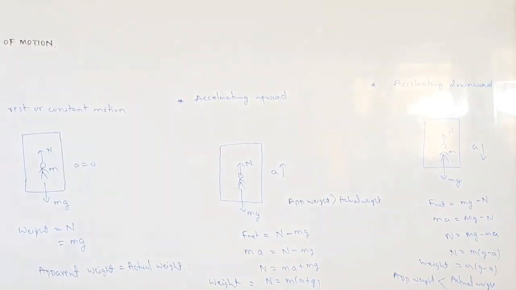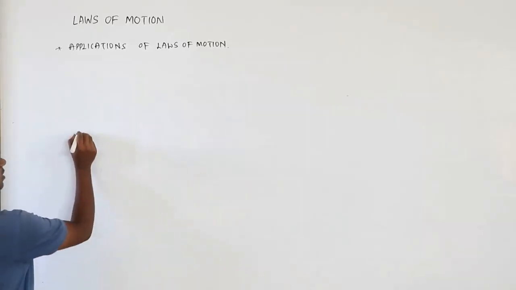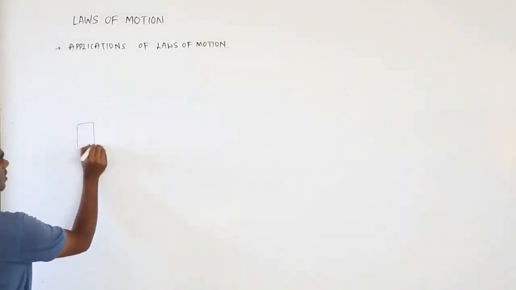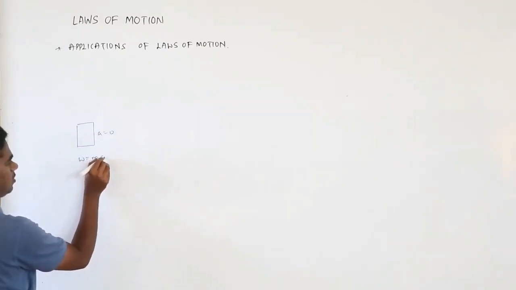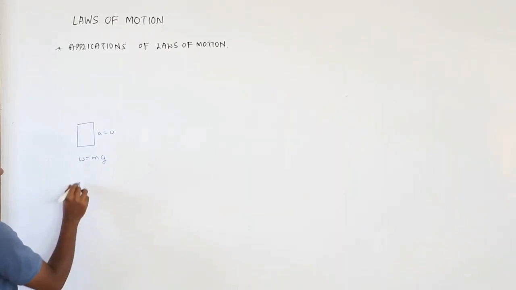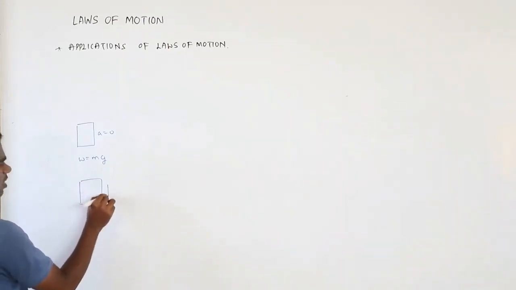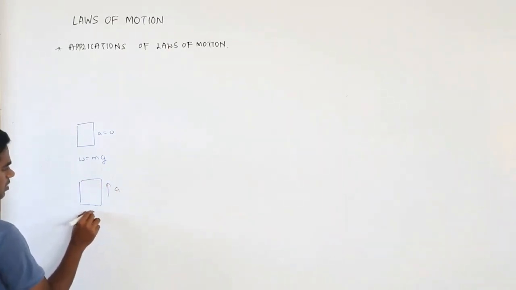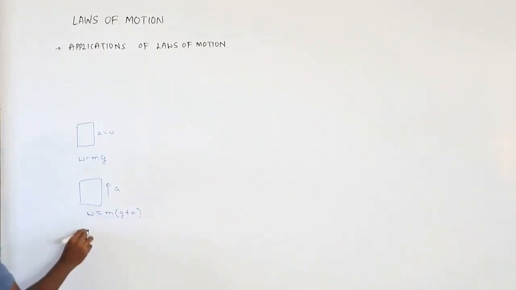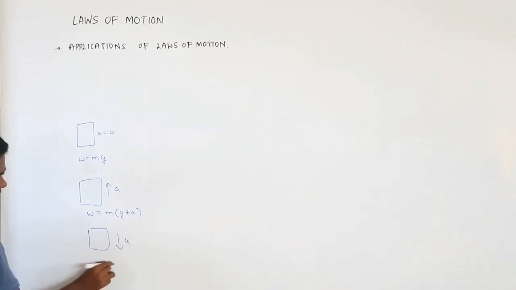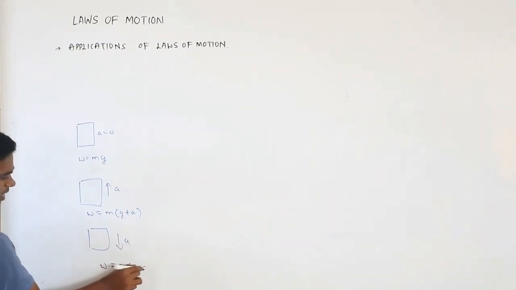One more thing related to lift. Suppose lift a equals to 0, means weight equals to mass into acceleration due to gravity. If it is moving upward, then weight equals to mass into (g plus a). If it is moving downward, weight equals to mass into (g minus a).